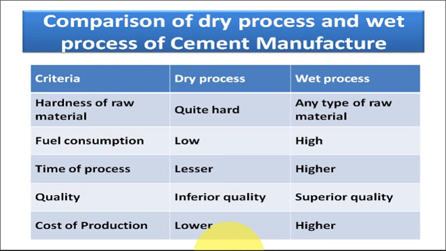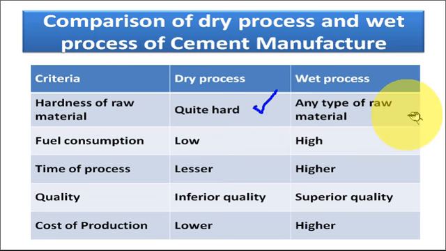Now, what is the difference between the dry mixing and the wet mixing? So there are some criteria to differentiate in both these processes. If the lime rocks or the raw material rocks are hard, then we prefer the dry mixing.